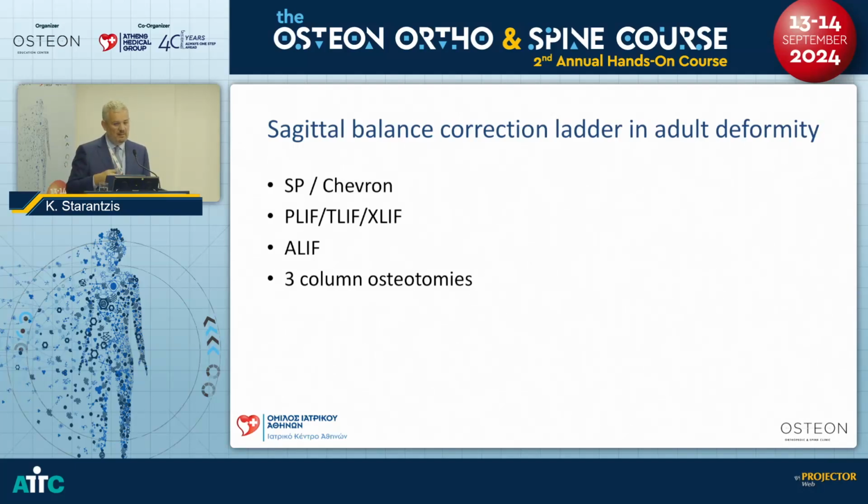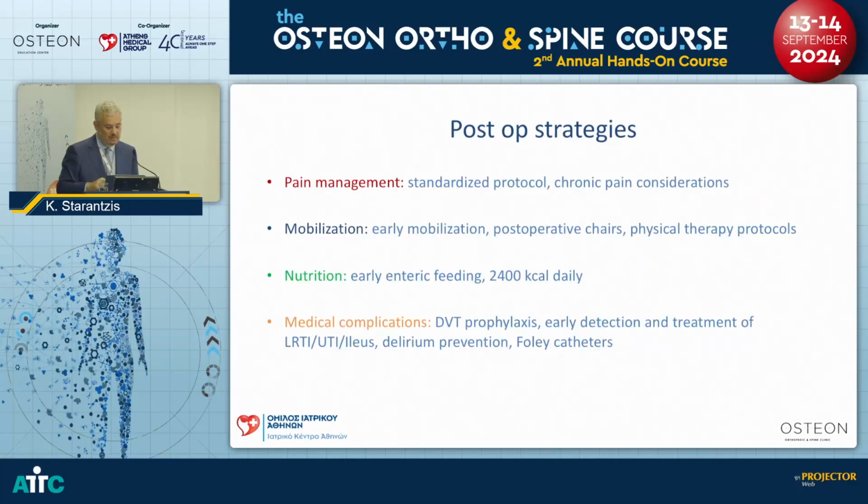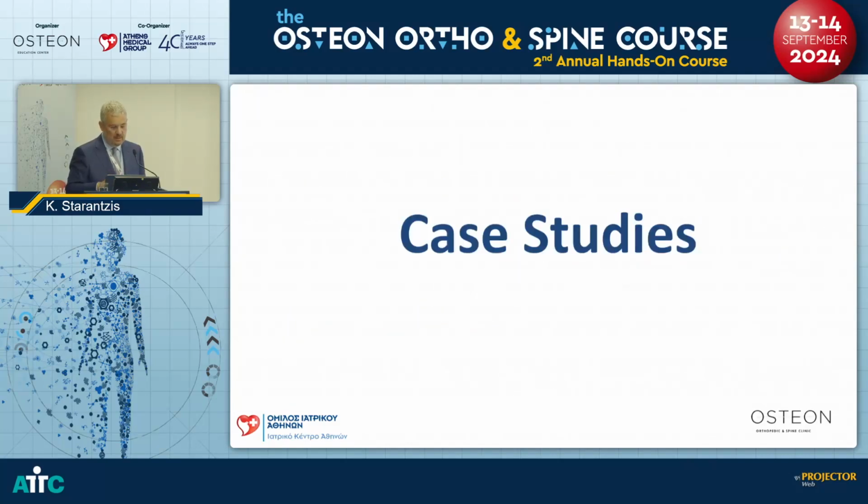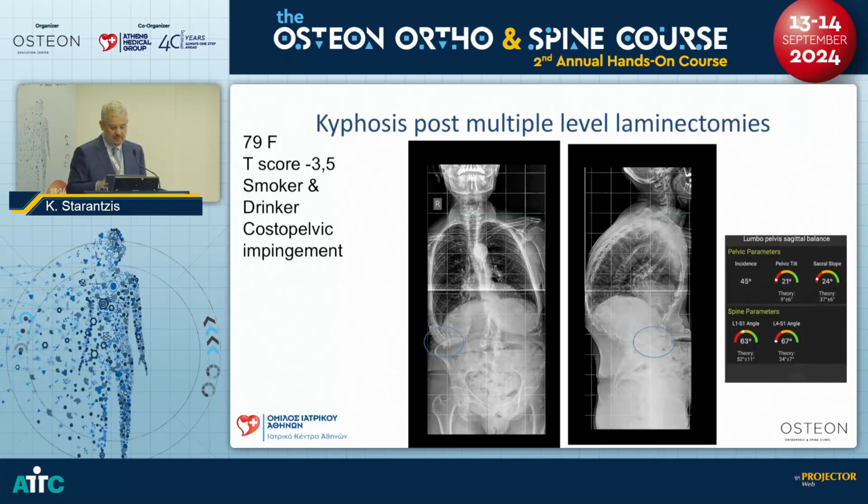And if you need to be more aggressive, you go for an A-lift, which gives you a good foundation at the lumbosacral junction. And if need be, you go for a 3-column osteotomy, which is a high-risk and high-complication-rate surgery. So I'm not gonna stay here. I'm gonna discuss a few cases with you.